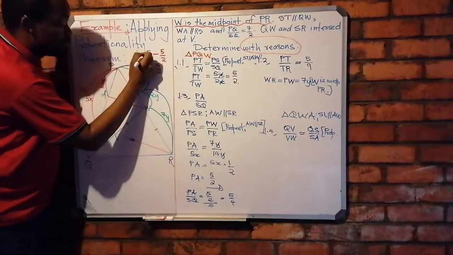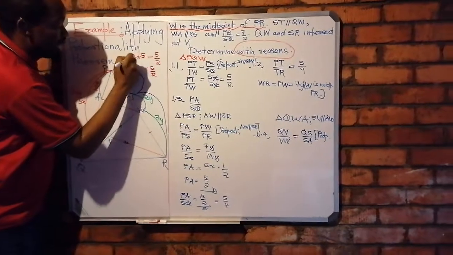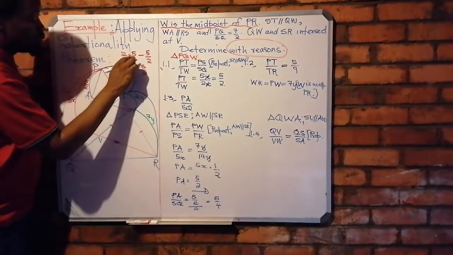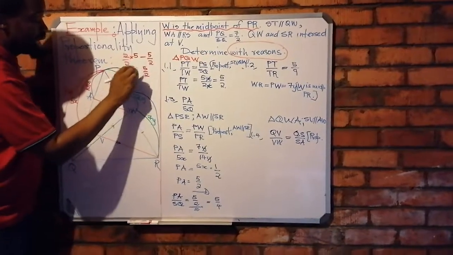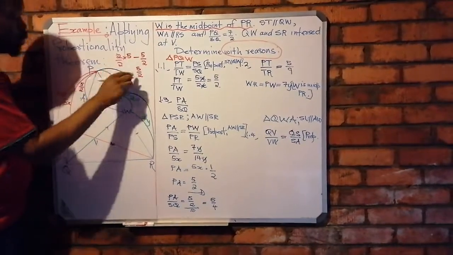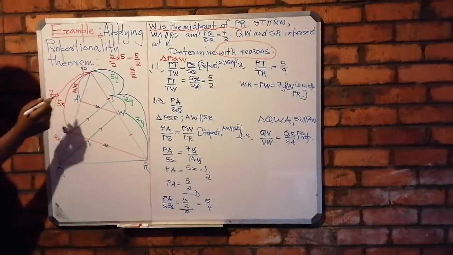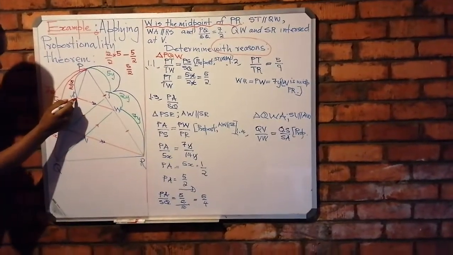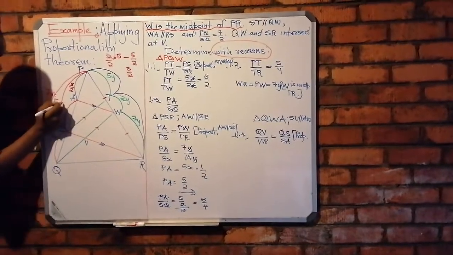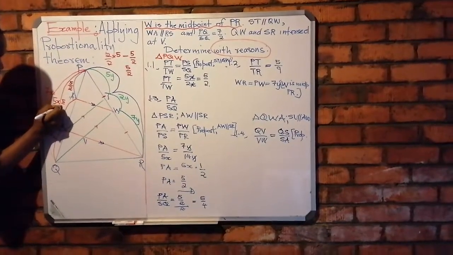I repeat again, because there it is 2, I can multiply by 1, it would be 10 divided by 2. I subtract 5 from 10, it is 5. 2 is the common denominator. Now, that means this is 5 halves.